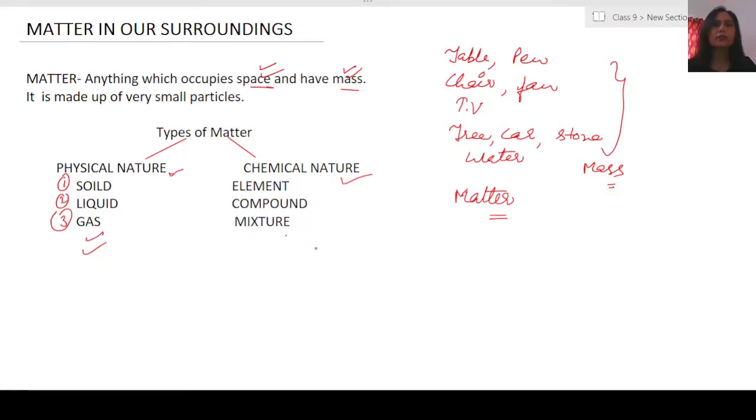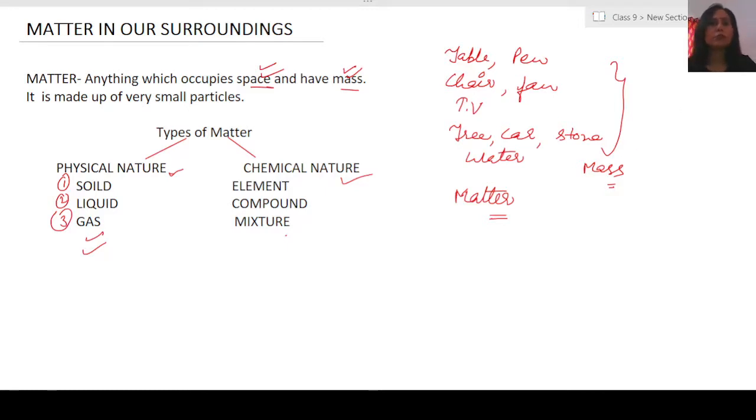That is, they are made up of panch tattva, that is air, water, sky, earth, and of course fire was also there. So that was the panch tattva. But matter which is present in our surrounding is nowadays defined as anything which is occupying space and has got mass. That thing is called as matter.